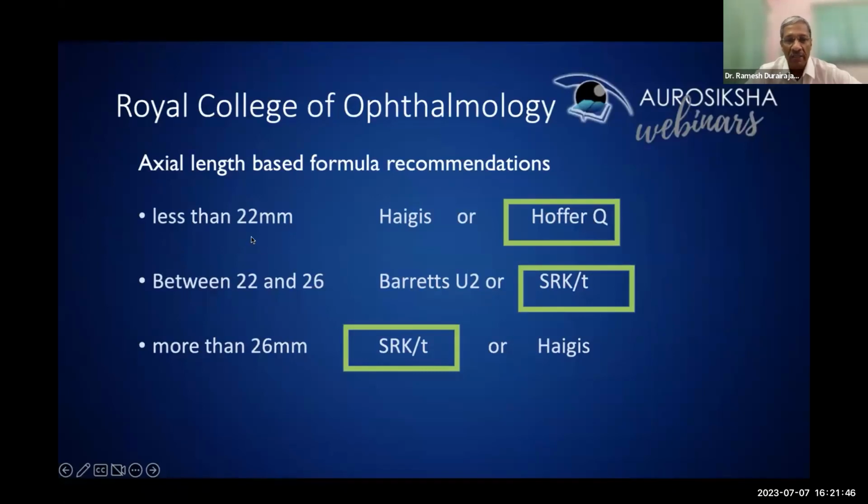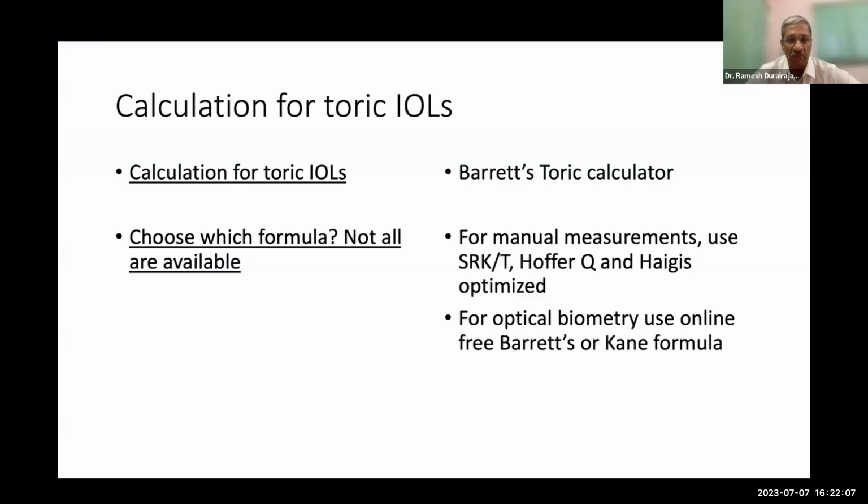In shorter eyes, less than 22 millimeters, use Haigis or Hoffer Q. I'm sure your ultrasound has one of these. In the normal eye, please use Barrett's Universal II or SRK/T. Most of our ultrasounds have these formulas. More than 22 millimeters, use SRK/T or optimized Haigis. This is the advisory from the Royal College of Ophthalmologists 2018 quality statement.